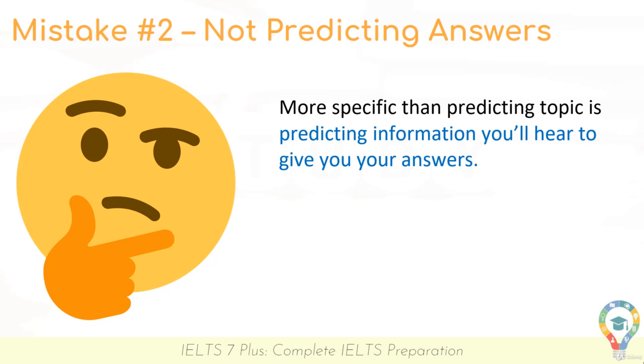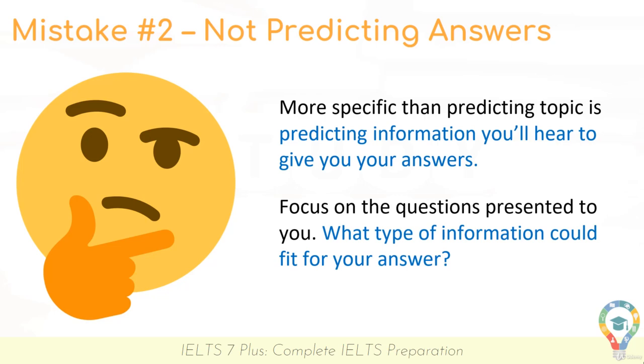You'll need to look very carefully at the questions given to you. What type of information could fit for these answers? Again, by predicting possible answers and information I need to think about, I'm more prepared to listen to the recording.